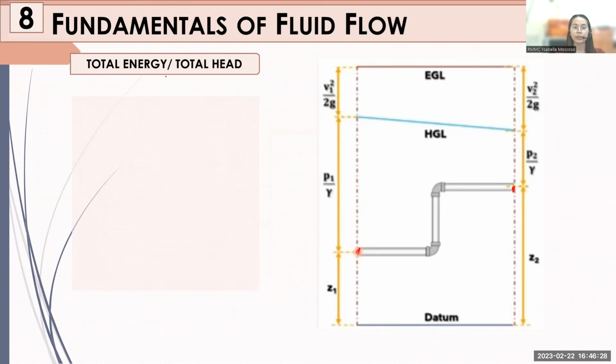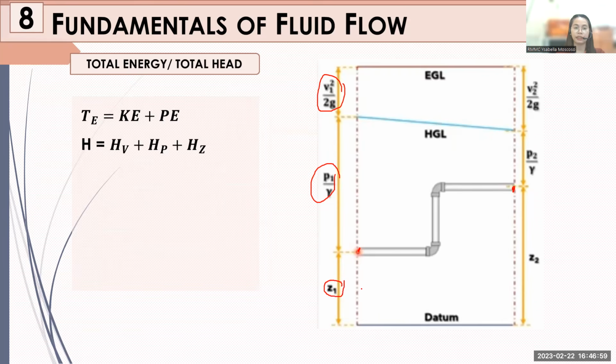If you are looking for your total energy and total height, that is just the summation of your kinetic energy plus your potential energy. So when you are looking for your total head, that is just the summation of HV, which is your velocity head, plus HP, which is your pressure head, plus HZ, which is your elevation head.